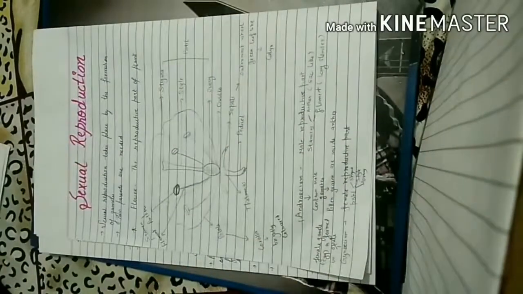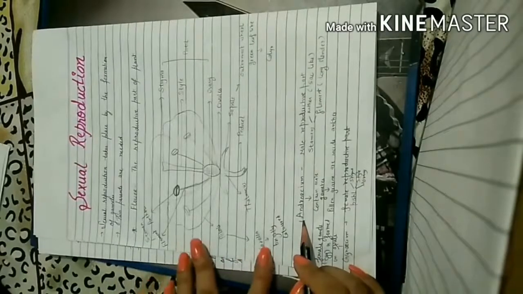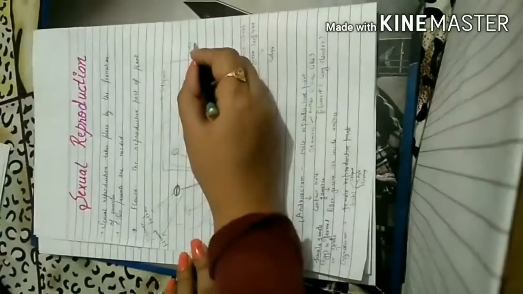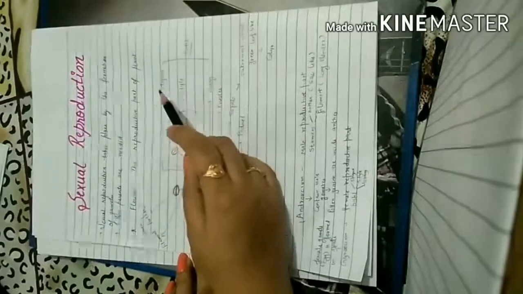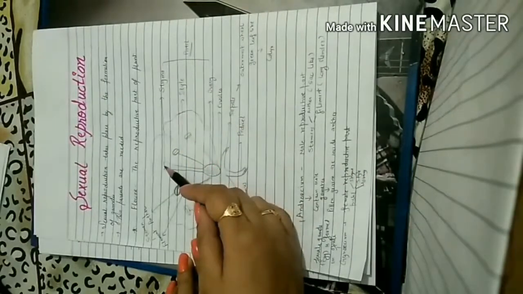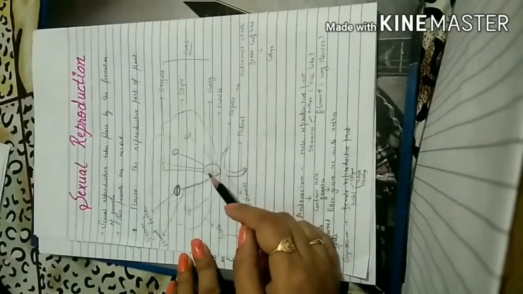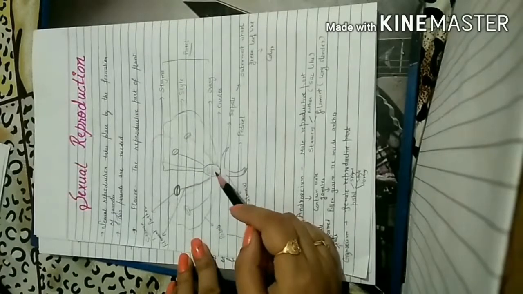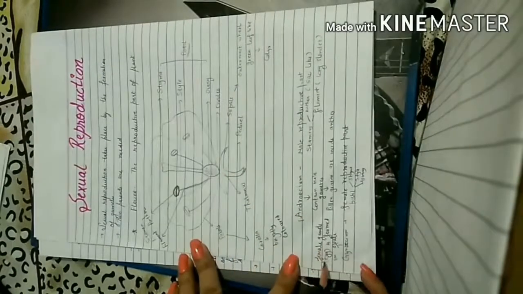And just as androecium is known as stamen, similarly gynoecium is known by another term, that is pistil. So pistil or gynoecium, it is formed of three things, that is stigma, style and ovary. The upper portion is known as stigma, then comes the style, then is the ovary, and inside the ovary there are ovules present, and female gamete, that is egg, is formed in ovule, right?